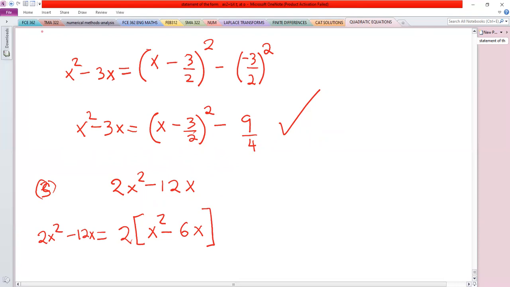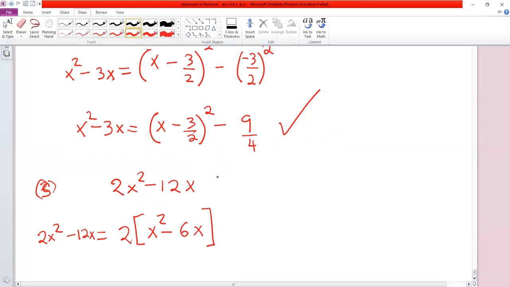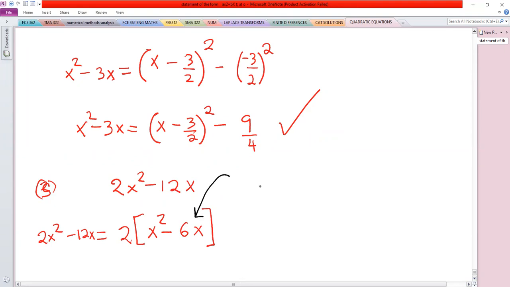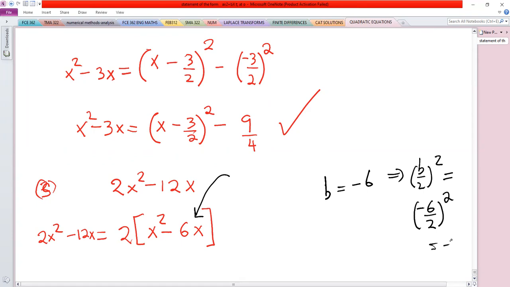Now, what we concentrate on is what we have in this square bracket, so that b is minus 6, which means (b over 2) squared will be (minus 6 over 2) squared. And then minus 6 over 2 is the same as minus 3, so the same as minus 3 squared.